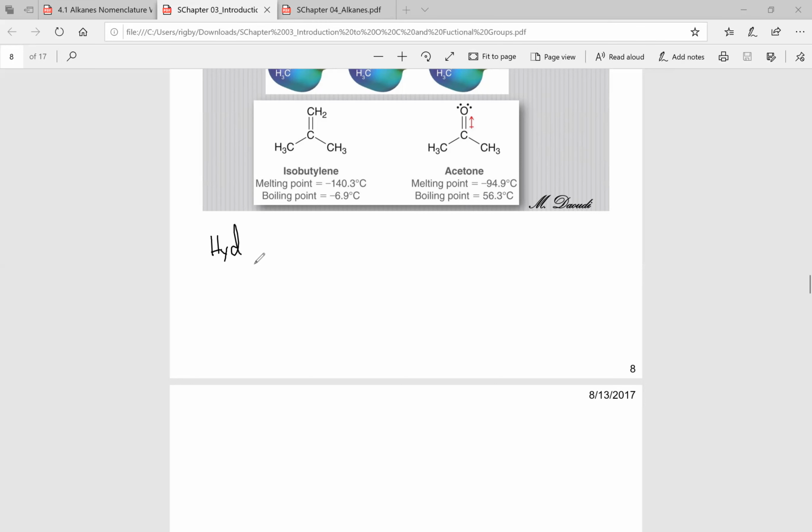This is a hydrogen bond between H and N, H and O, or H and F. Okay? And then we're going to be worried about dipole-dipole moments, so I'm going to put dipole. All this means is electronegative atoms.